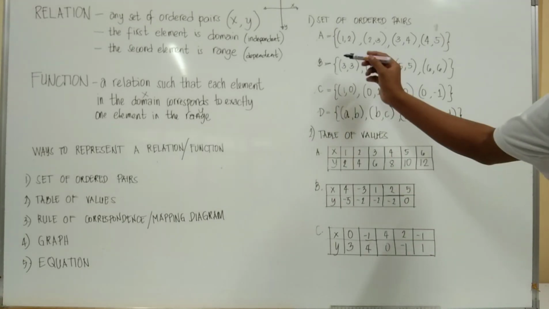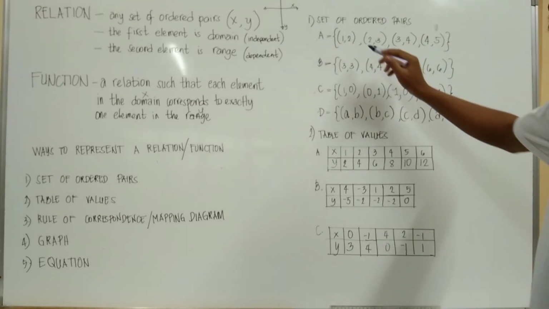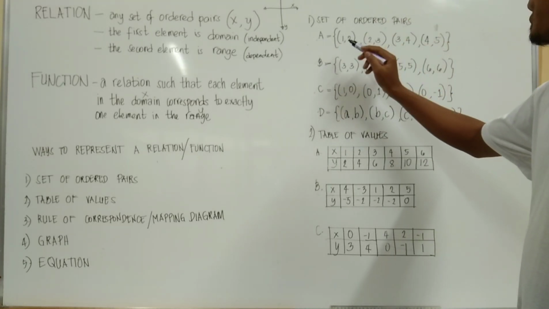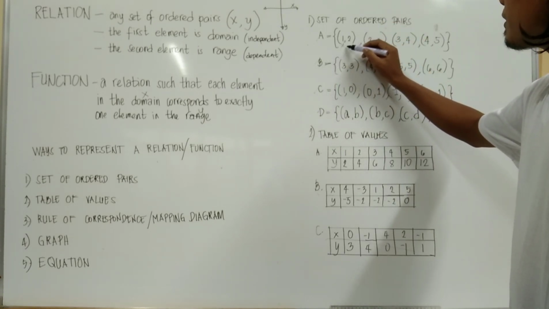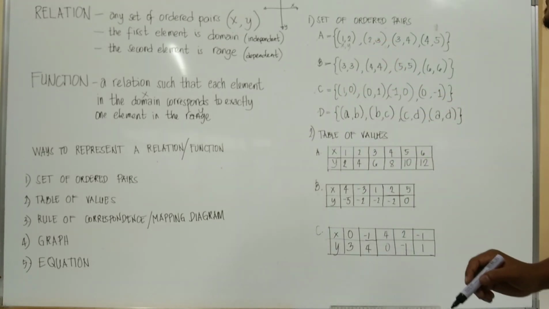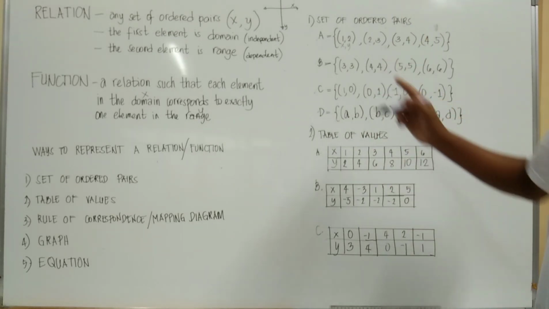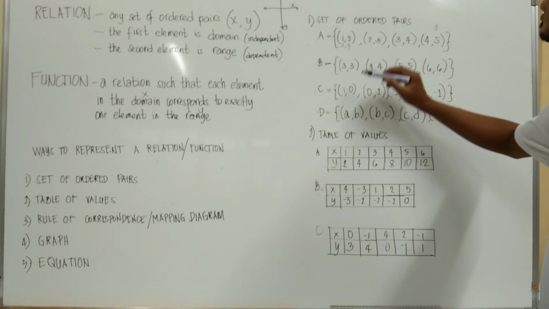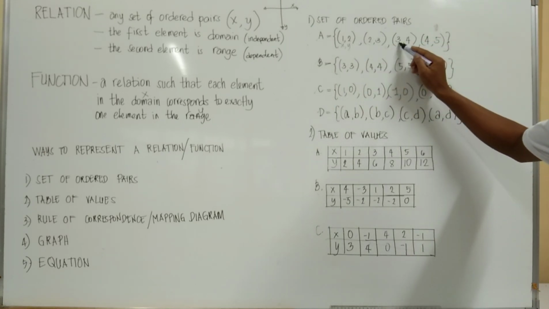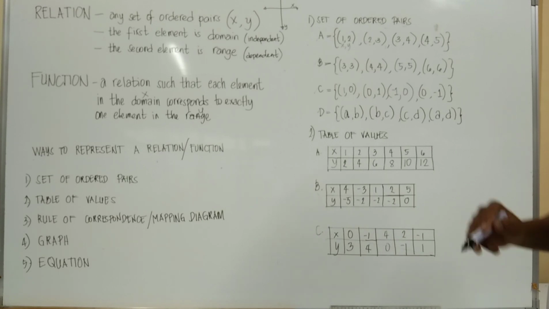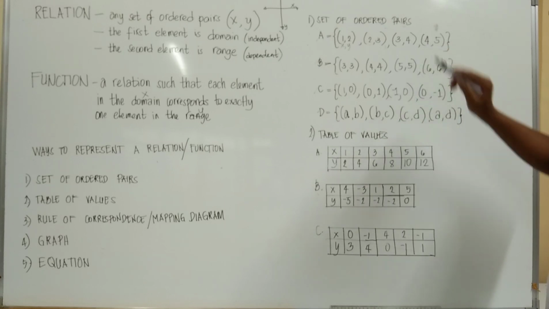Okay, so I will explain ordered pair set A. Each element of our ordered pair is composed of an X and a Y element. The first element is your X. The X's here are 1, 2, 3, and 4, or we can denote them as X sub 1, X sub 2, X sub 3, X sub 4.